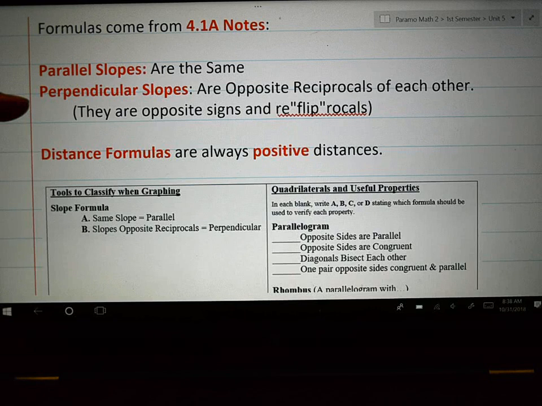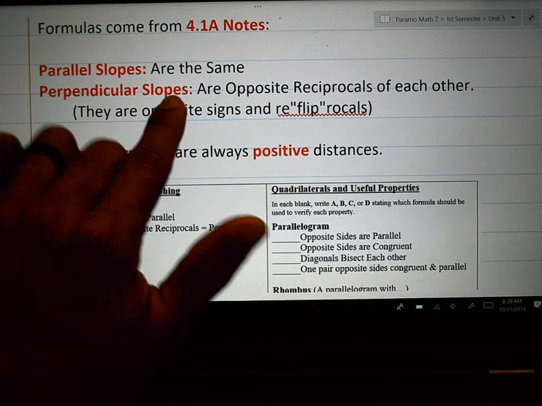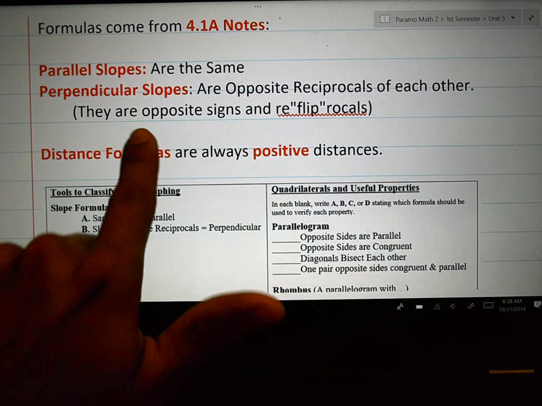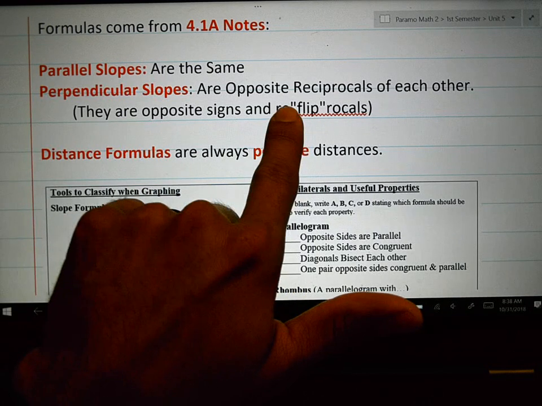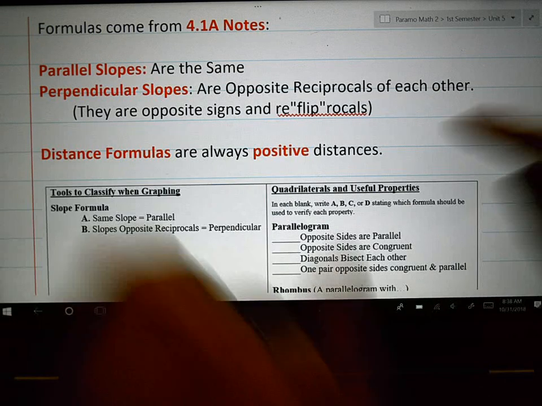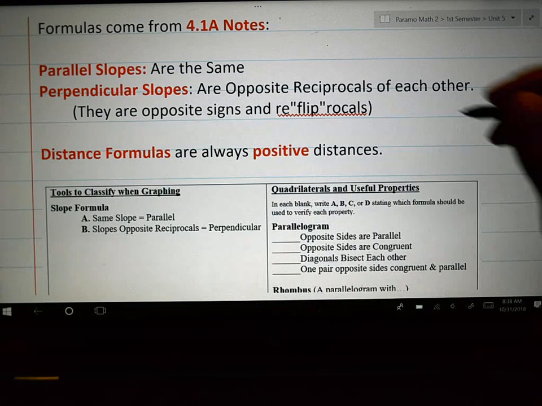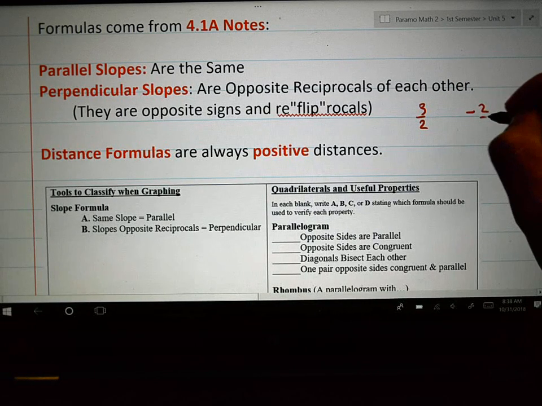Something we haven't talked about since Math 1 is what happens if the slopes are perpendicular. If they're perpendicular, they are opposite reciprocals of each other, meaning one's a positive and one's a negative, and they're reciprocals, or flipped. If one slope is 3/2, then the other slope would be negative 2/3.